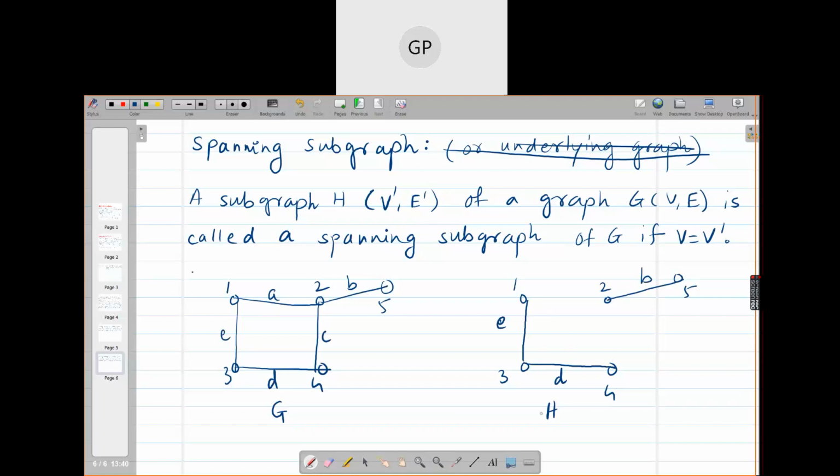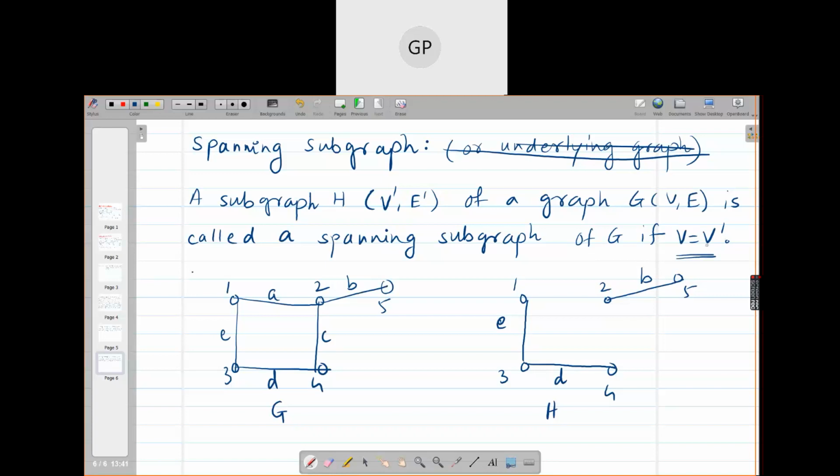So this is a spanning subgraph because I have taken all the vertices from G in H, but I have not taken all the edges. This is a subgraph, but as I have taken all the vertices, it is called a spanning subgraph.